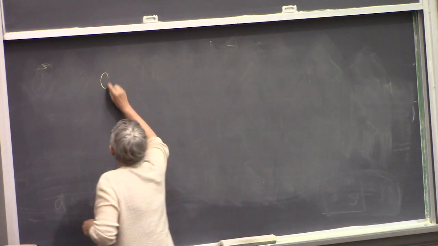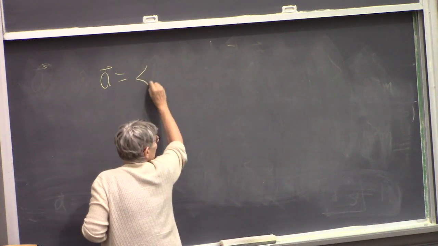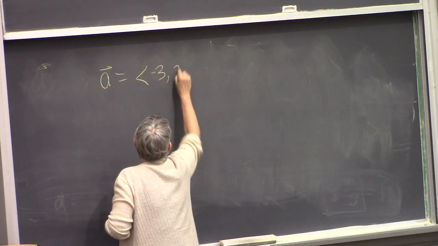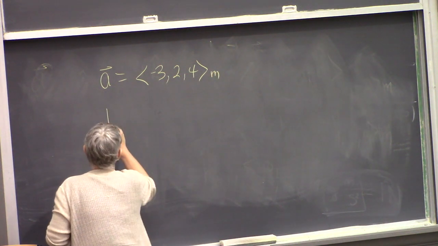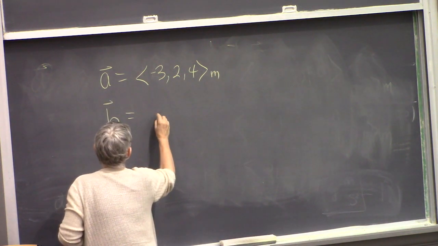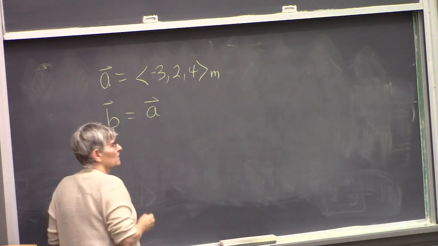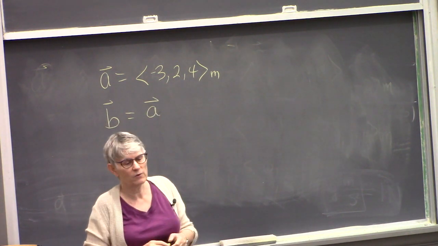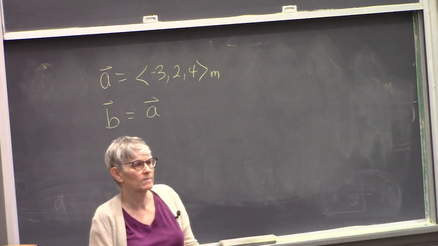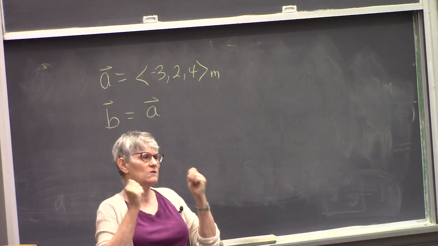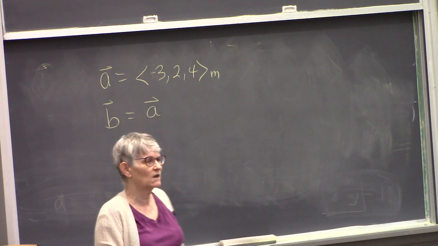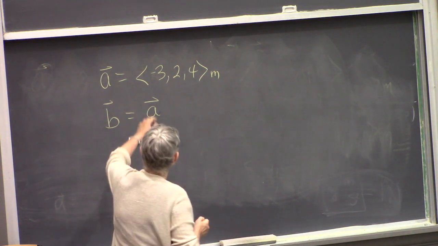So if we have our vector A that's negative 3, 2, 4 meters, and I say there's a vector B that's equal to vector A, what do we know about vector B? Same magnitude, same direction, that's exactly right. What about all of its components?